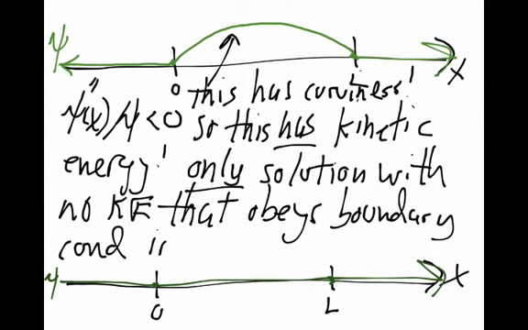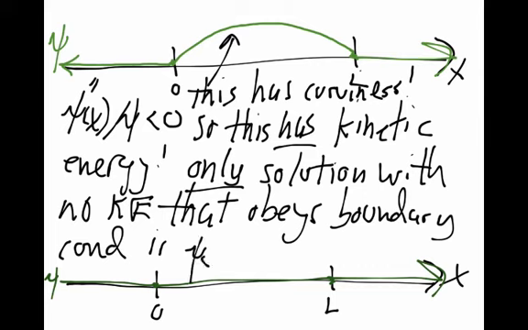The only solution to this problem with no kinetic energy that obeys the requirement that the wave function has to be continuous, remember, that's forcing the function to 0 at x equals 0 and x equals L, the only way for me to match that condition and have no curviness at all is just to make a dead flat line like this, psi equals 0 everywhere.